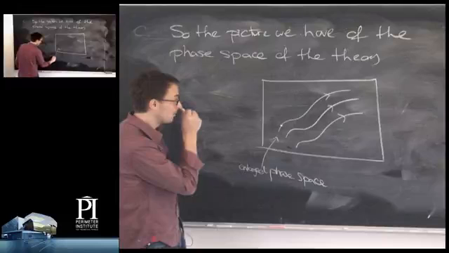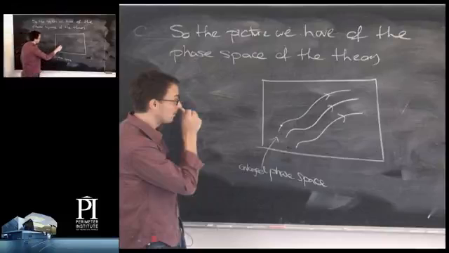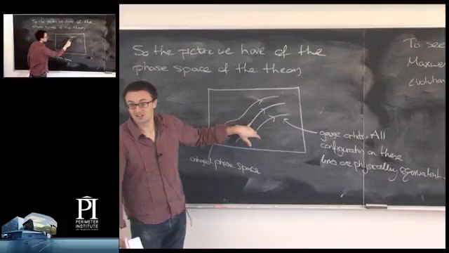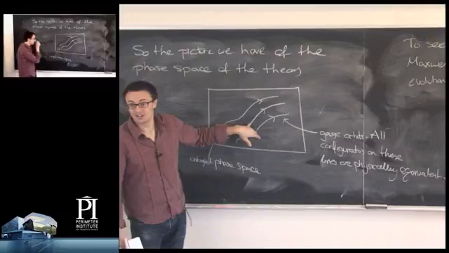Let me call it the enlarged phase space, for reasons that will become apparent. This is basically the space of any functions you can write down, A_i's and A_i dots. But having this gauge symmetry means that if you pick one function, then actually there's a whole class of functions that are related to it by a gauge symmetry. So everything that lies on these lines is to be considered physically equivalent. These are, if you like, gauge orbits.